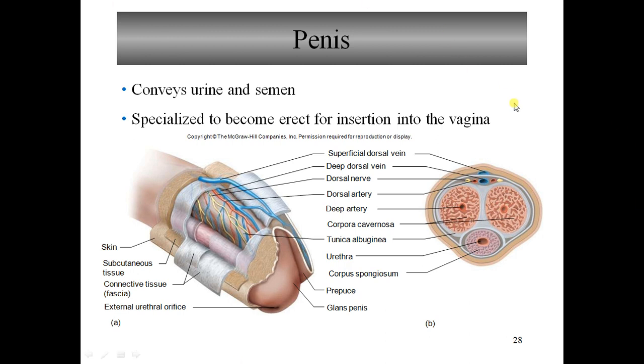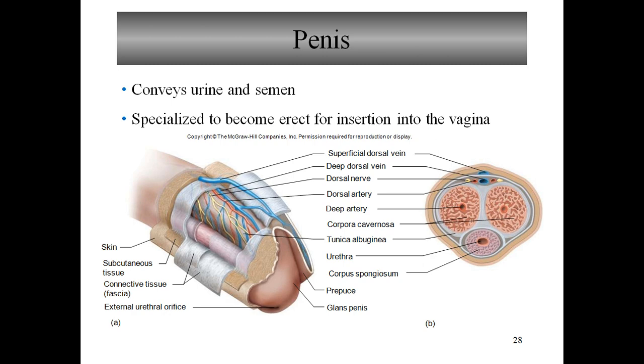If you see here, these three are the three kinds of erectile tissue available in the penis, surrounded by the tunica albuginea. So it is a very important type of capsule.